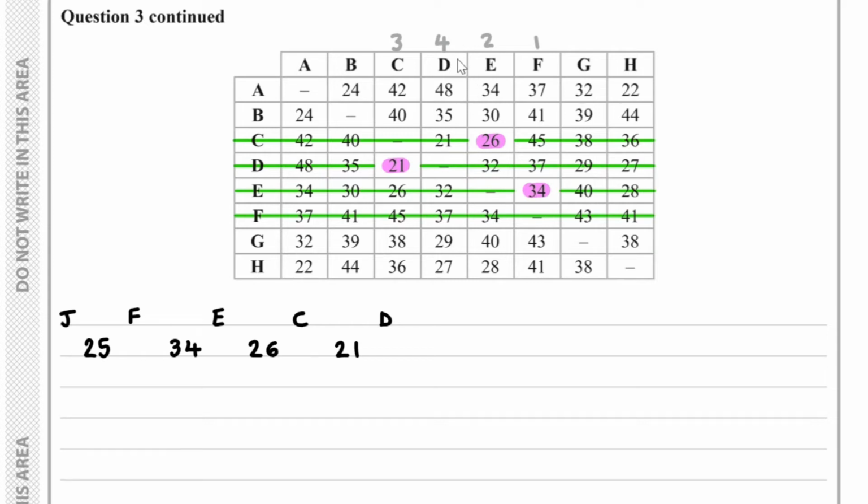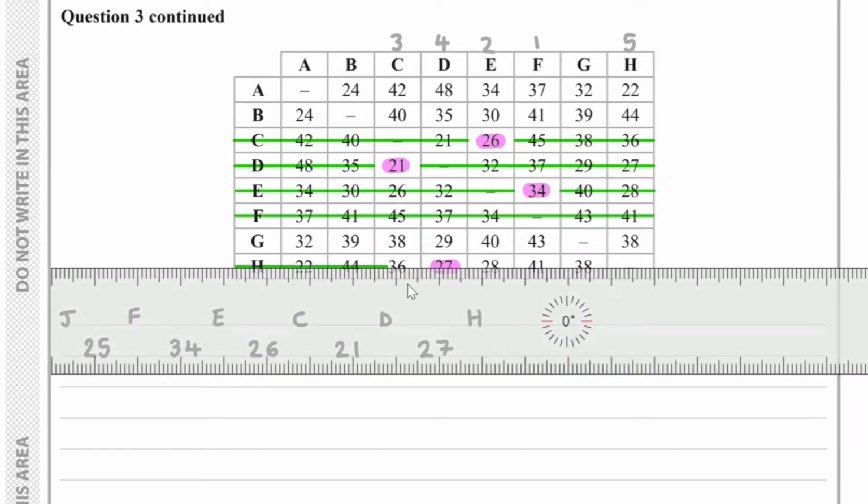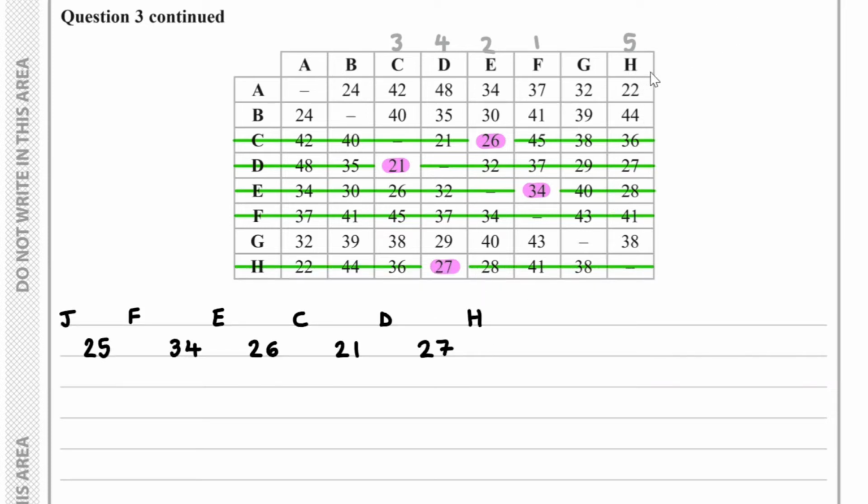And now we look down D, the smallest entry is 27, and that takes us to H. So we write a number 5 above column H and then delete row H. Now that we are at H, we look for the smallest entry.